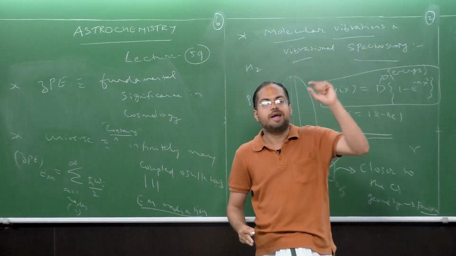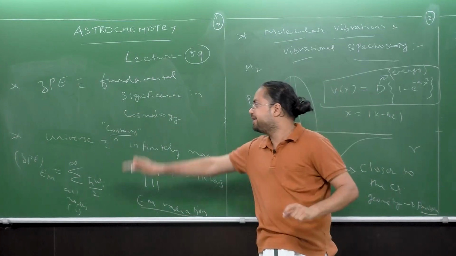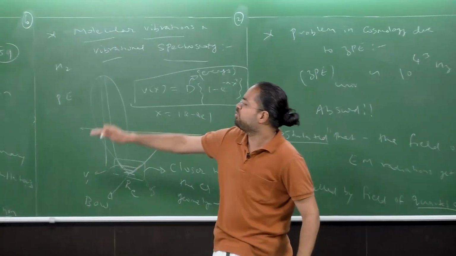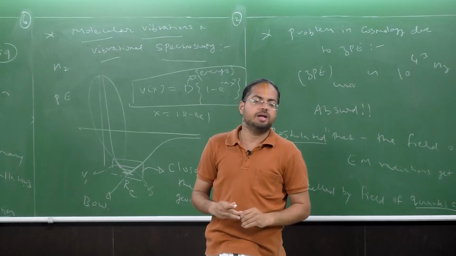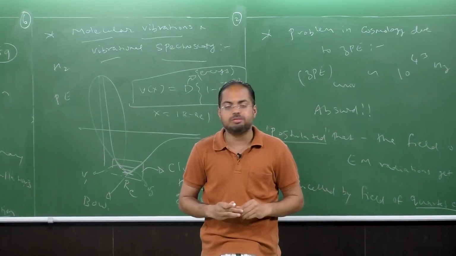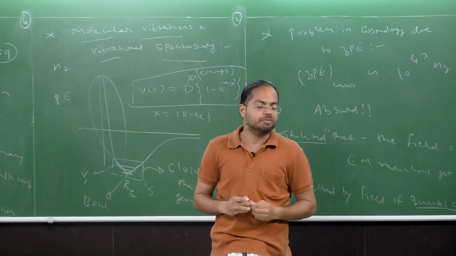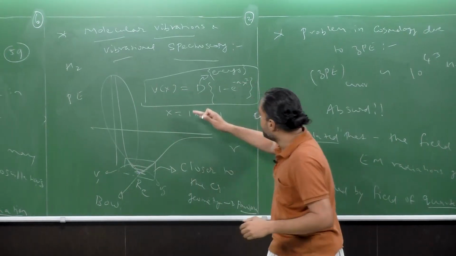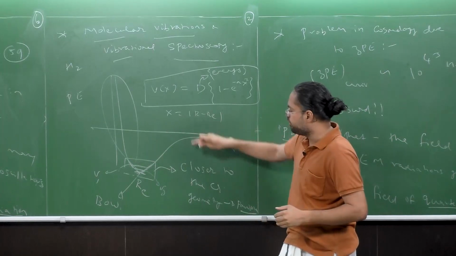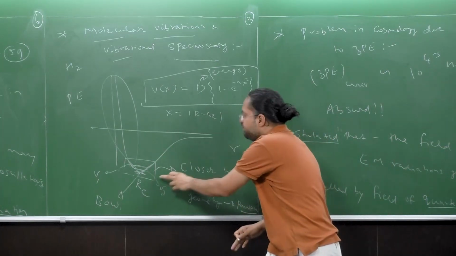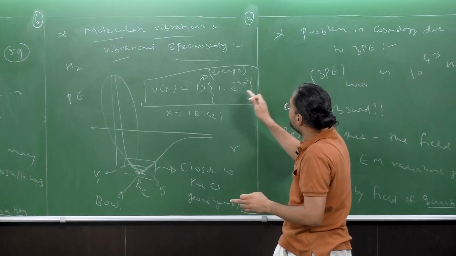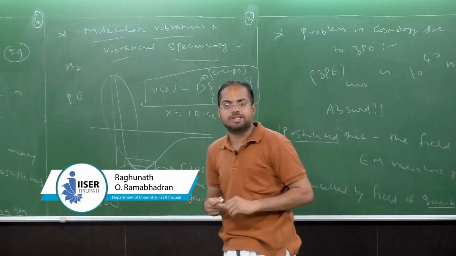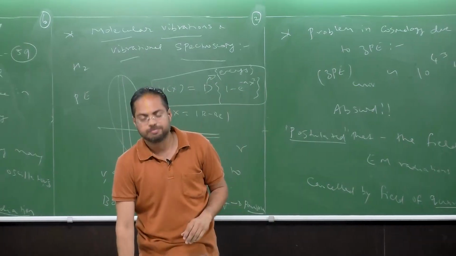Here, there is a finite magnitude of the lowest energy, and this zero-point energy is not only critical in astrochemistry, but also extremely significant in cosmology, the area concerned with the origin of the universe. And finally, I told you that to take into account the dissociation of molecules also, the parabolic potential energy form needs to be changed to what resembles an exponential one. With this, I end this lecture, and we'll continue in the next lecture. Thank you so much.